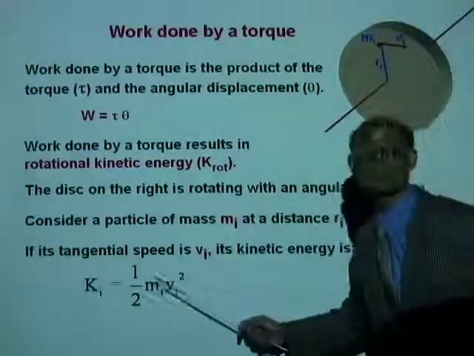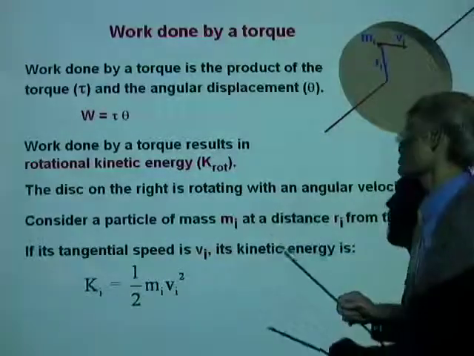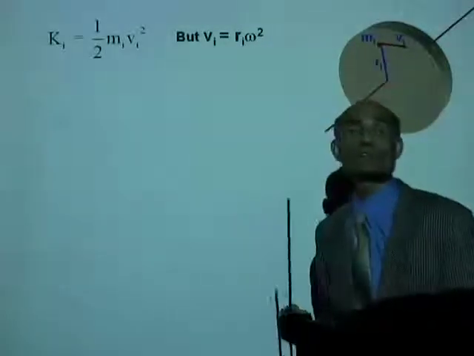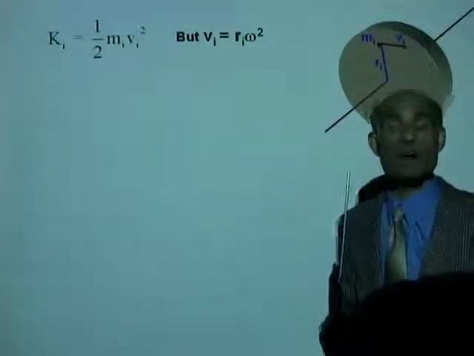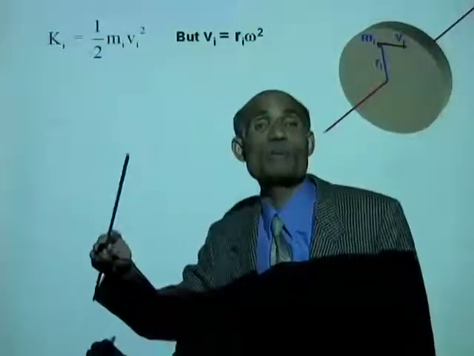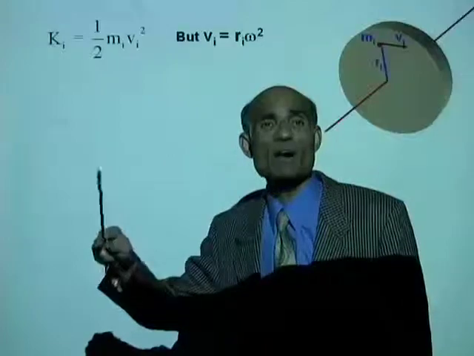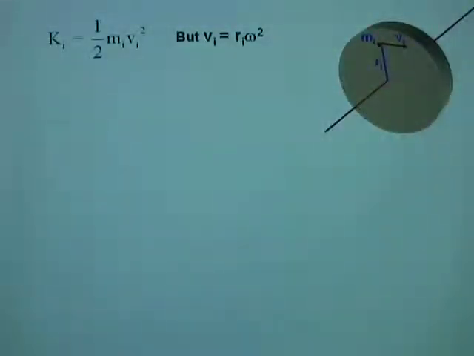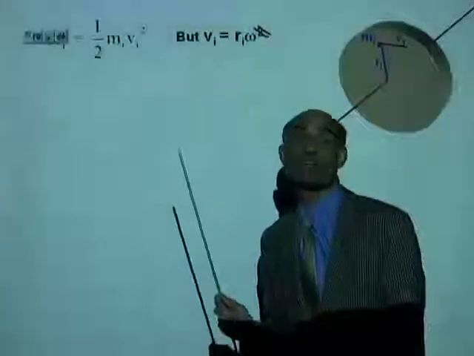Well, this can be applied to any particle on the disk. But Vi equal to Ri omega squared, is that right? The linear speed equal to R omega, V equal to R omega, not omega squared. You need to make that correction. Vi equal to Ri omega. The linear speed equal to R times the angular velocity.